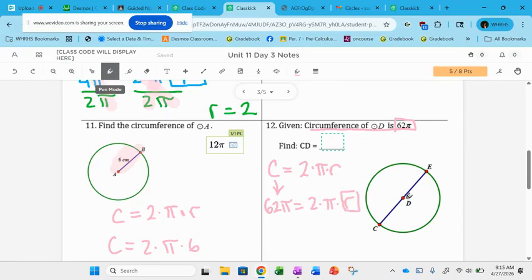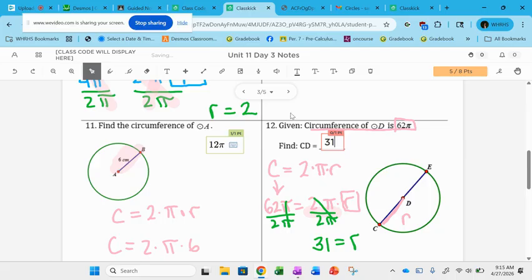Now CD, it says find CD. Isn't CD the radius? So I'm trying to solve for the radius. For me to solve for the radius, I'm going to divide by 2 pi. And when I divide by 2 pi, the pi's cancel. So my radius is going to be 62 divided by 2, which is 31.